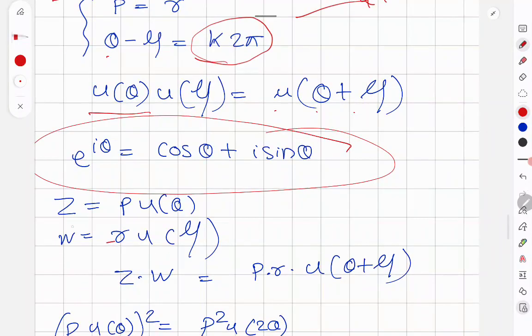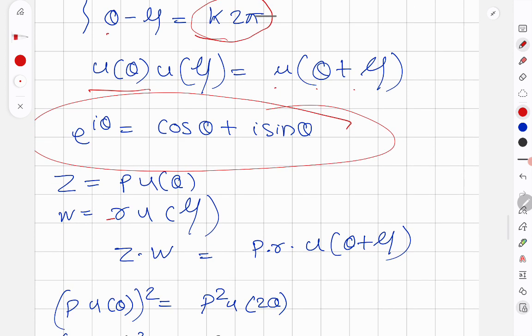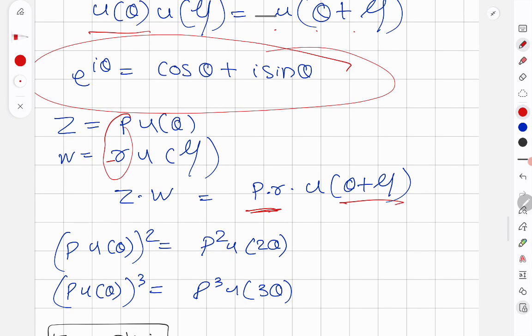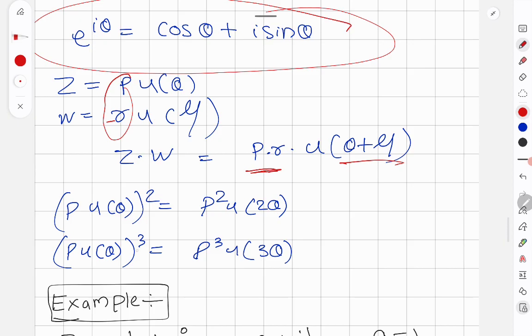Here you have two complex numbers, rho e^(i theta) and r e^(i phi). If you want to multiply these two, the magnitudes will be multiplied and the angles will be added. If you want to take the square of a complex number, it is rho squared e^(i 2 theta), so theta becomes 2 times and rho is squared. And if you take the cube, it will be rho cubed e^(i 3 theta).